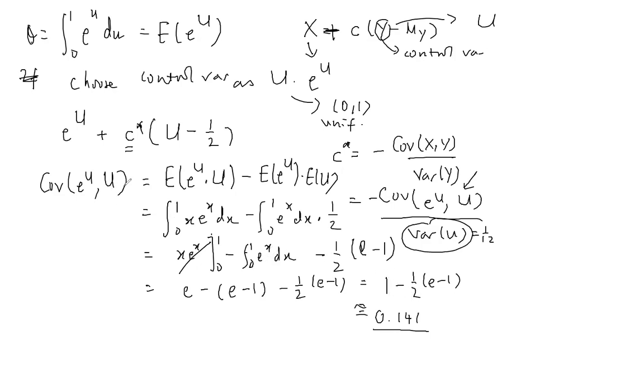Then basically this part here we have e^U, minus 12 times 0.141, times U minus 1/2.